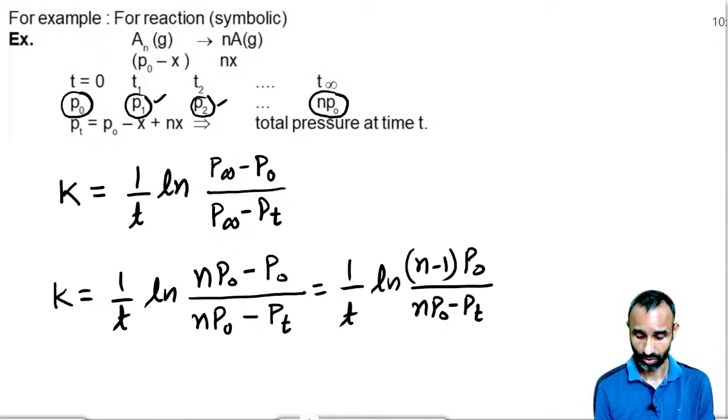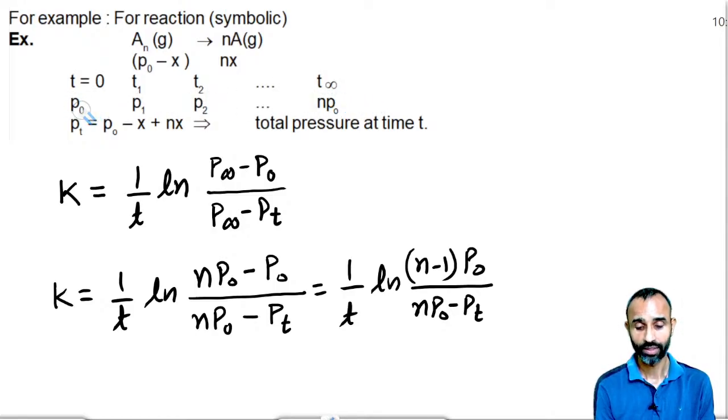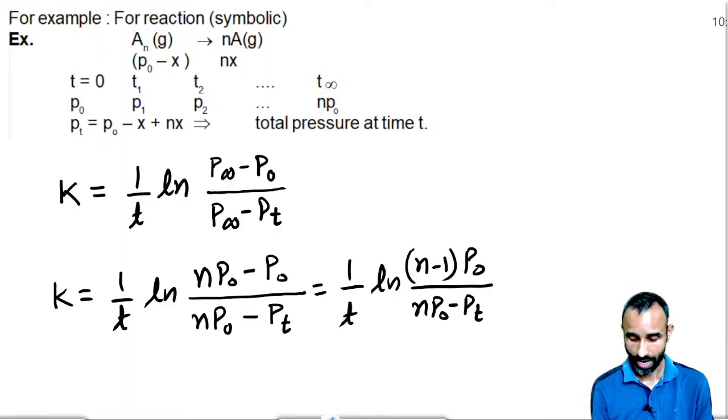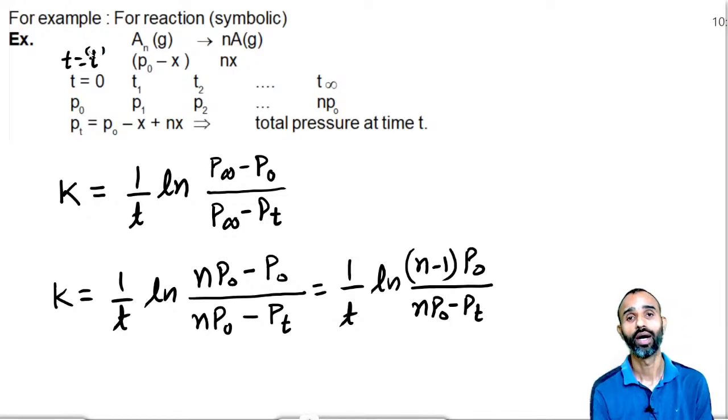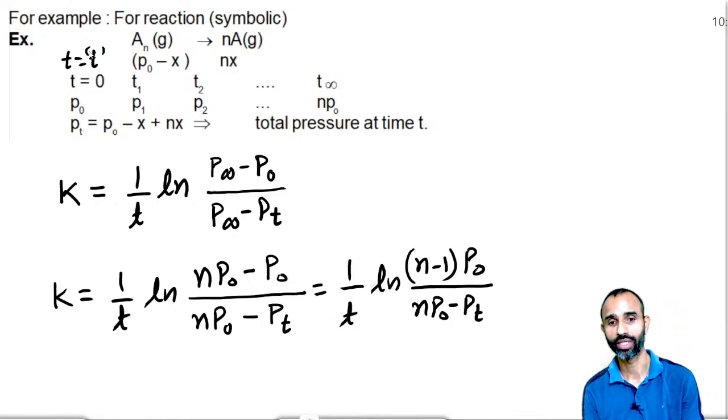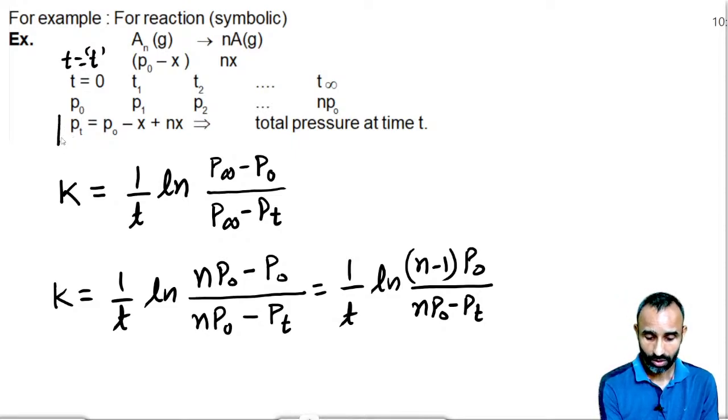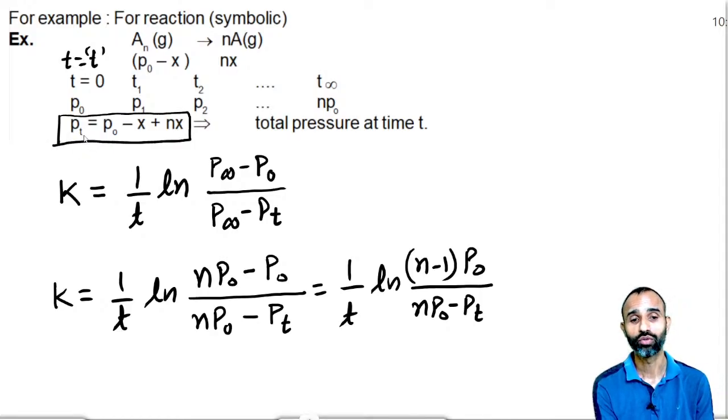If we do it by solving, then at time t, let us say x moles are decomposed, converted into product. So P naught minus x for the reactant and nx for the product. So what is total pressure? Total pressure is equal to P naught minus x from the reactant and nx from the product.